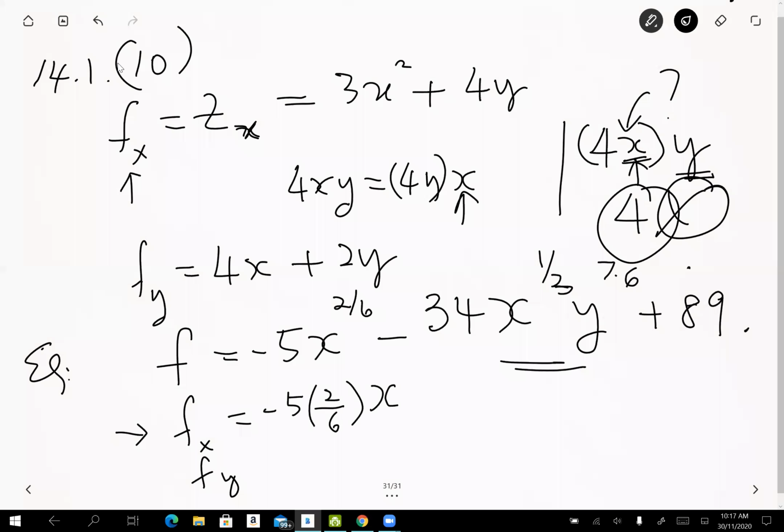You reduce the power by 1, so that becomes what? Negative 4/6. Put 4/6 first, so that we can see how you take that value. After that, of course, you can simplify it. Now the second term. Give me the derivative of the second term.